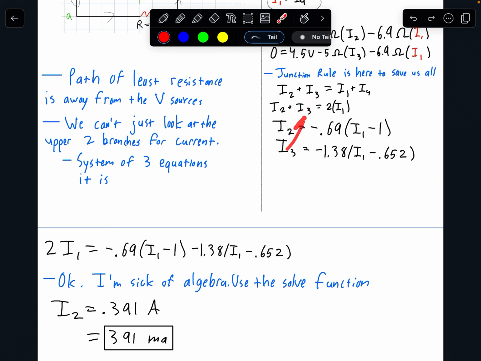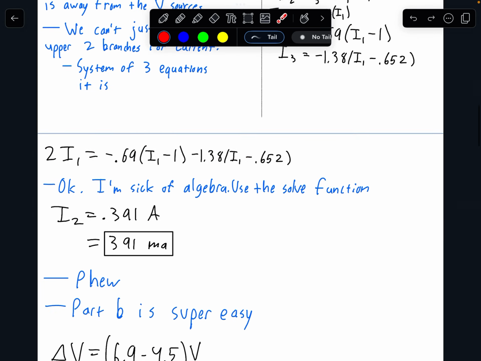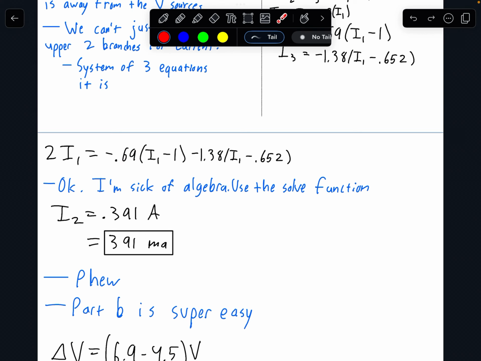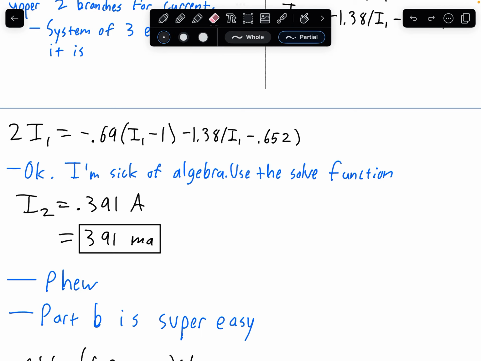Now they all have the I1 variable in them, so that's pretty simple to solve for. I'm sick of algebra, so I use a solve function for I1. I don't know why I wrote I2 here, so let me fix that on the fly. I1 equals 0.391 amps, so it's also equal to 391 milliamps, in which I forgot to write a capital A.